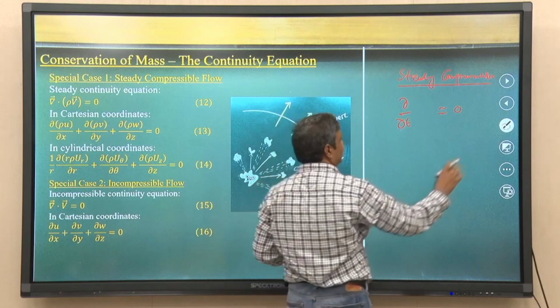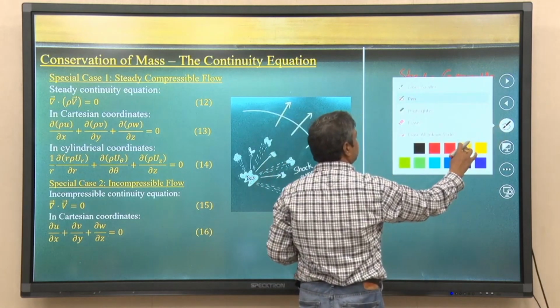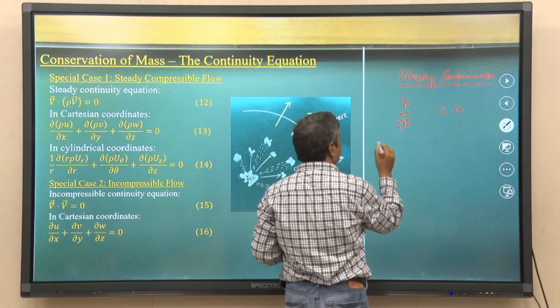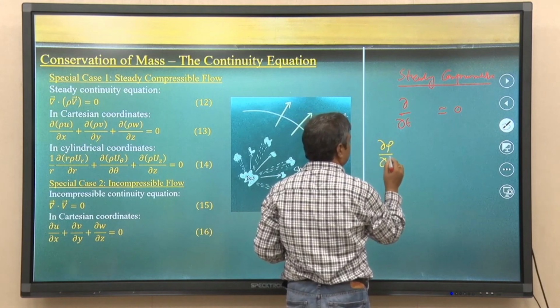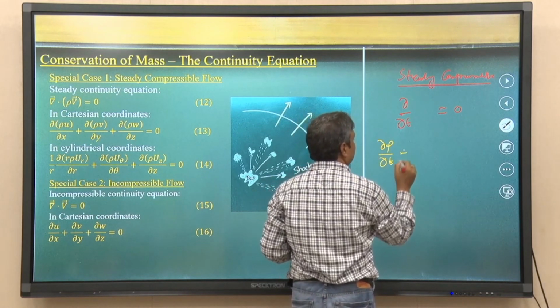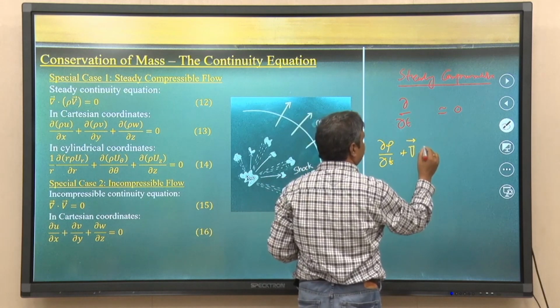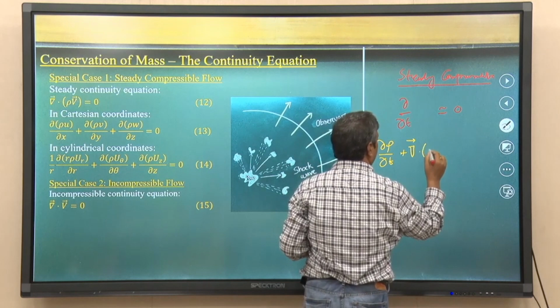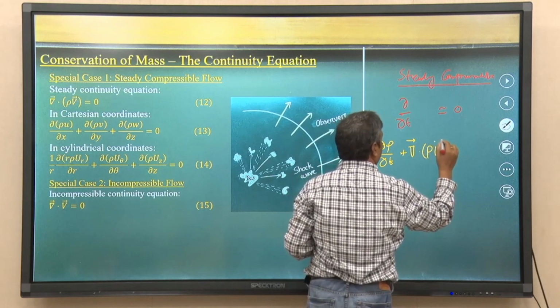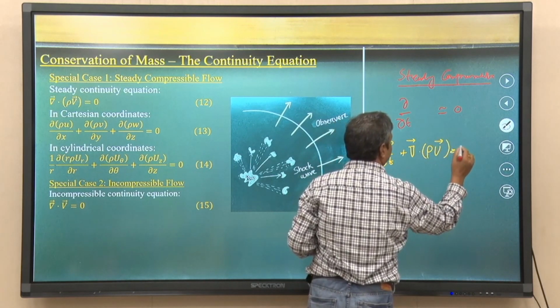So, because of that, if you look at the equation components, I have the divergence of rho v vector equal to 0.